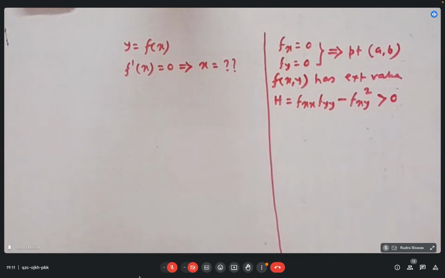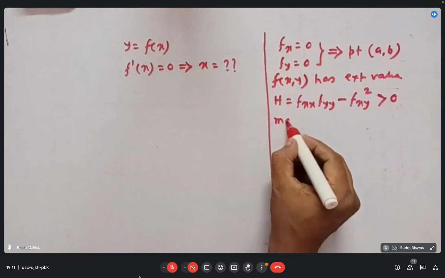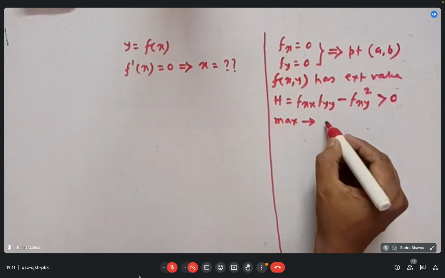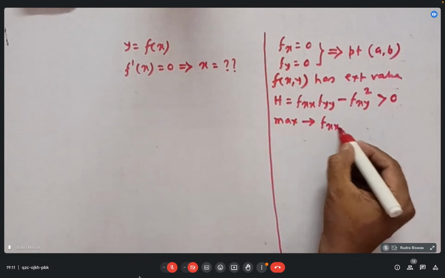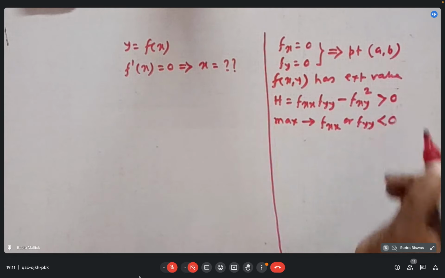And maximum value exists when fxx or fyy is less than 0.